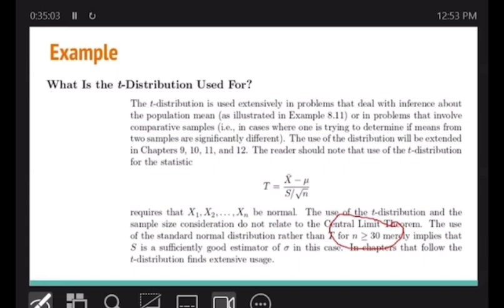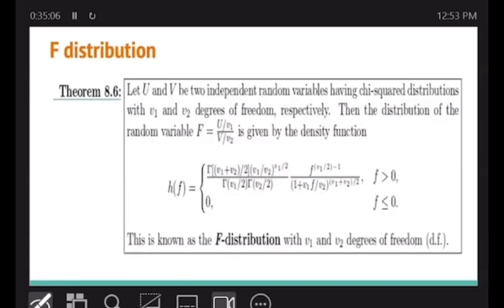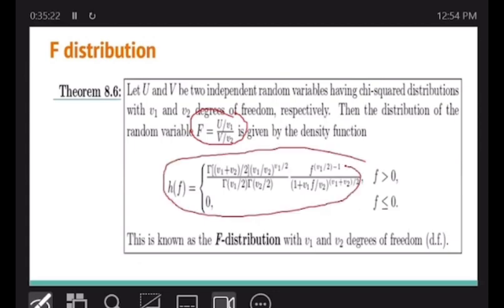Lastly, we're going to go to another distribution called F. I'm not going to bother you about this. If I want to derive this, F equals U over V, where U is a chi-squared with this as degree of freedom and V is another chi-squared.